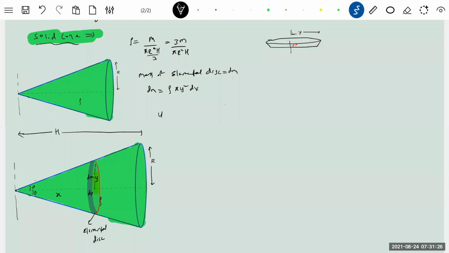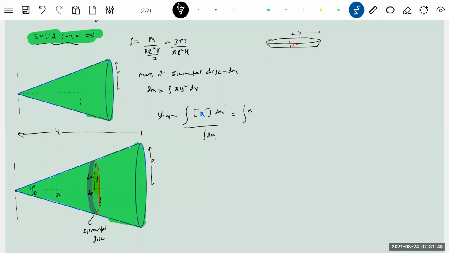So let's go for the definition of YCM. It says the center of mass of the elemental structure, I'll write it in some other color, into the mass of the elemental structure, by the total mass of the system. So this x stays as it is.